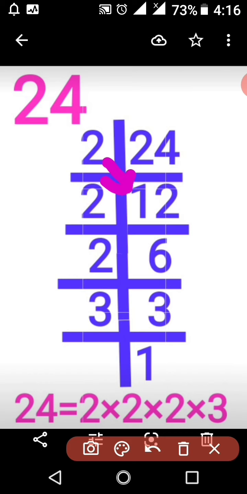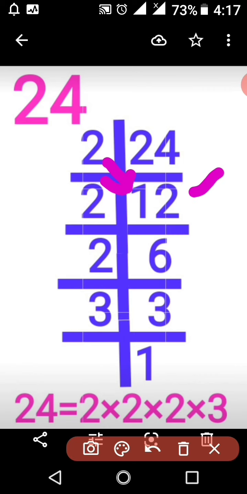So 2 twelves are 24, which means we divide 24 by 2. Here multiplication as well as division is involved. The quotient we got is 12.